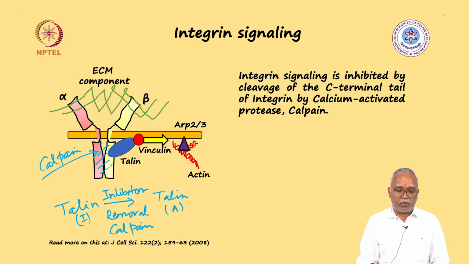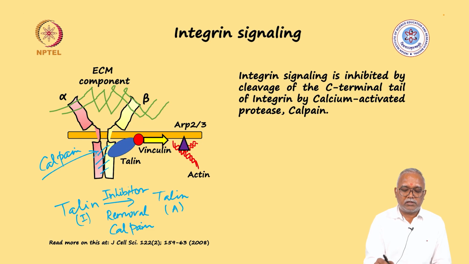If you proteolytically remove that intracellular C terminal domain, you will not see any of these bindings happening. So basically activation of the receptor and downstream signaling and the processes being mediated was anchored at this C terminal intracellular domain of the integrin molecules.